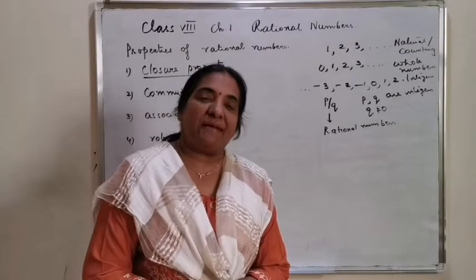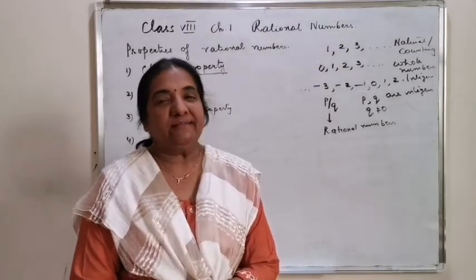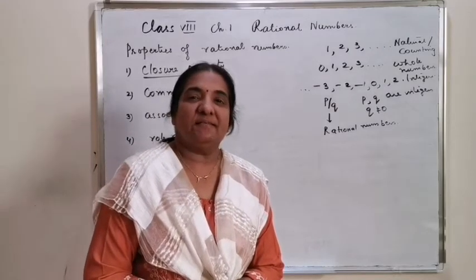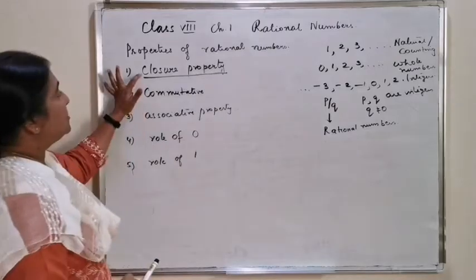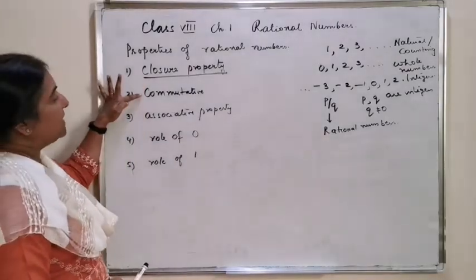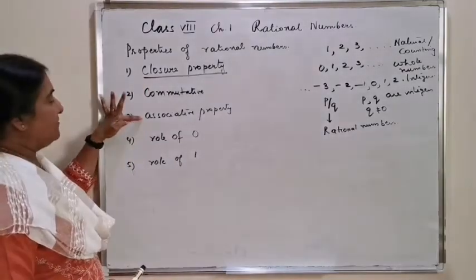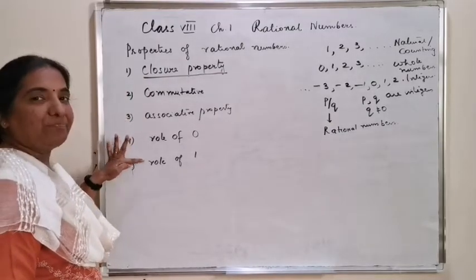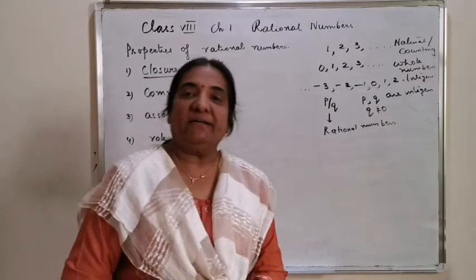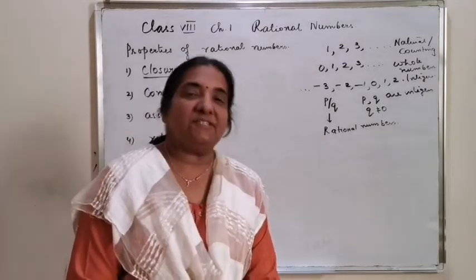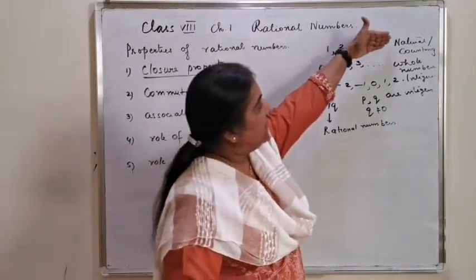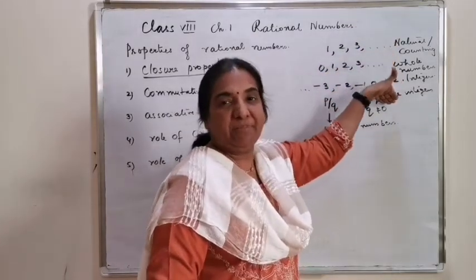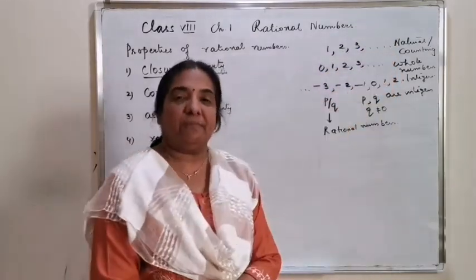The first topic in your lesson is to check whether certain properties like closure property, commutative property, associative property, rule of 0 and rule of 1 are satisfied or not satisfied by natural numbers, whole numbers, integers, and p by q rational numbers.